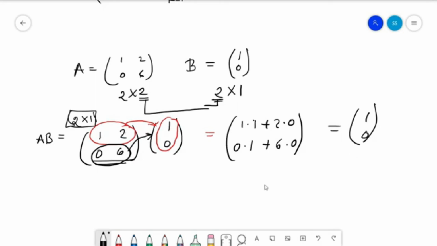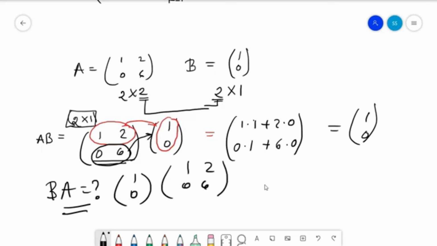Notice that we could evaluate AB, that is A was multiplied to B from the left hand side, but could we do the same for BA? The answer is no, because if you think of BA, then you have 1 0 multiplied with 1 2 0 6, right?